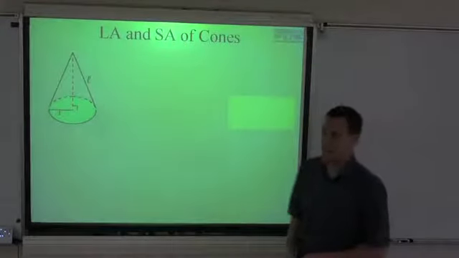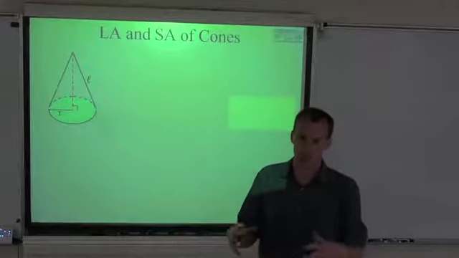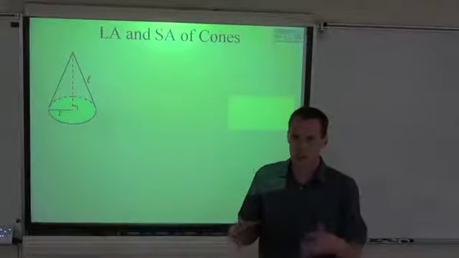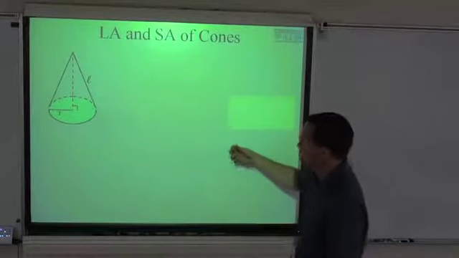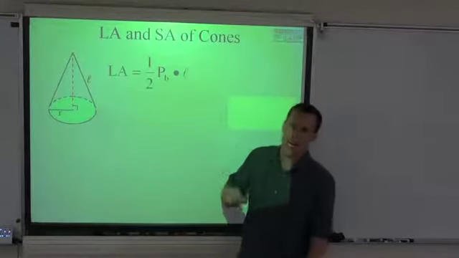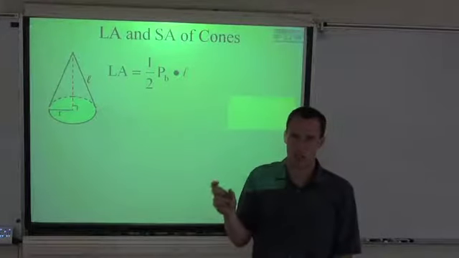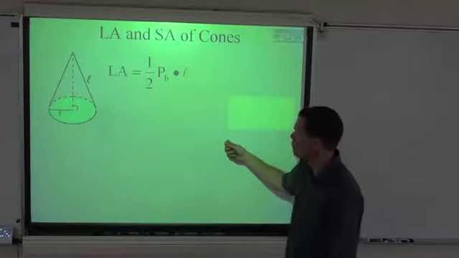Okay, now let's look at the lateral area and surface area of a cone. Now a cone is just a pyramid with a circle base, so it should have the same equations. We should be able to say the lateral area is still 1/2 perimeter of base times slant height. But we know that the perimeter of a circle has a special word, circumference.